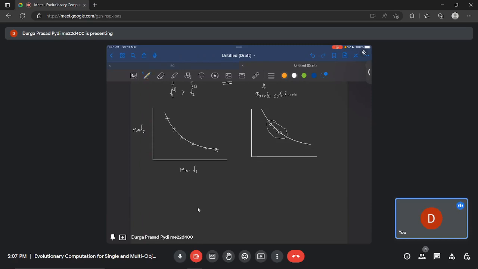So if this is 1 and this is 2, if you follow the same notation, f1 of 1 is actually less than f1 for the second individual. But f2 of 1 is actually greater than f2 of 2. So these points are essentially non-dominated.